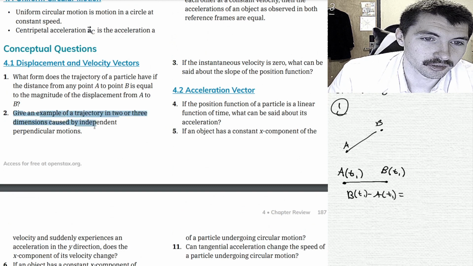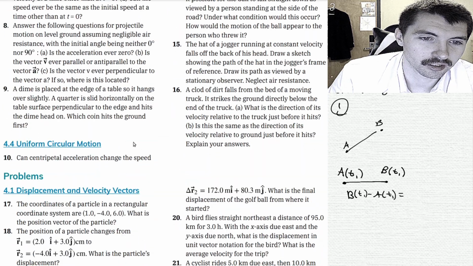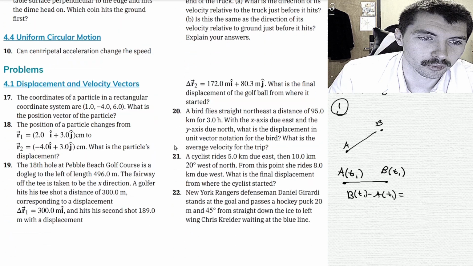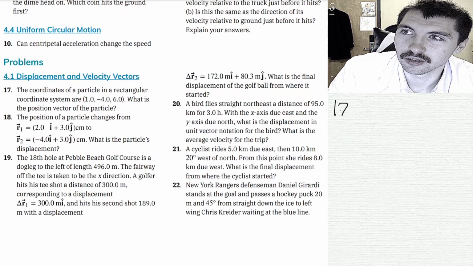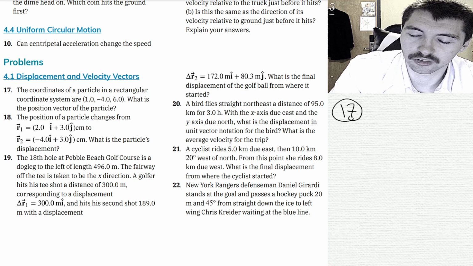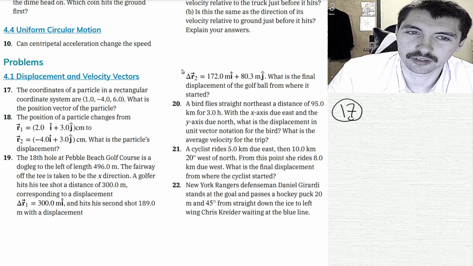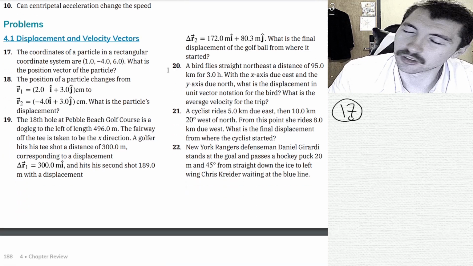Give an example of trajectory in 2 dimensions. I don't know, I just don't like how these are worded. I just want to get to the problems. I don't think the authors of these books are the best at expressing concepts clearly in English.